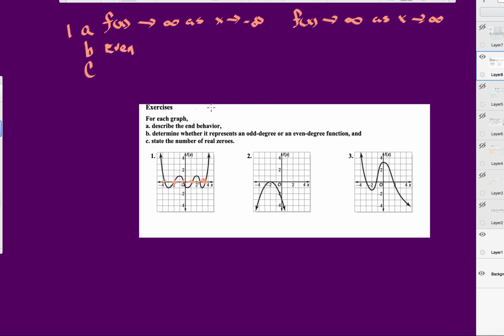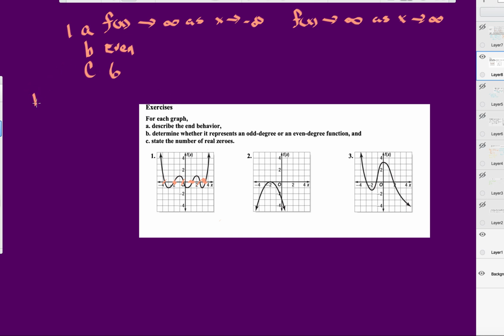All right, and last but certainly not least, how many real zeros are there? Well, I made 1, 2, 3, 4, 5, 6. 6 real zeros. Okay. Is everybody good with that? We had 1, 2, 3, 4, 5 turns.